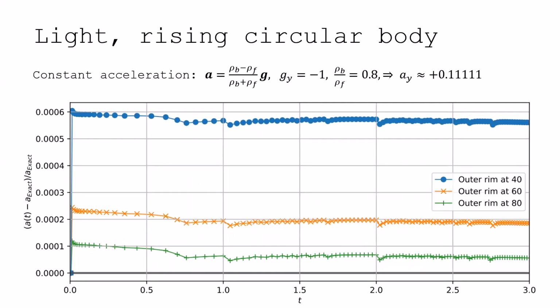If I increase that to 60 or 80, then this offset is reduced. So I don't think it's an error. I think it's simply a matter of the body slightly feeling that it's in a finite domain, not in an infinite domain. So this is pretty promising, but it's all in 1D, and we need stuff in 3D.